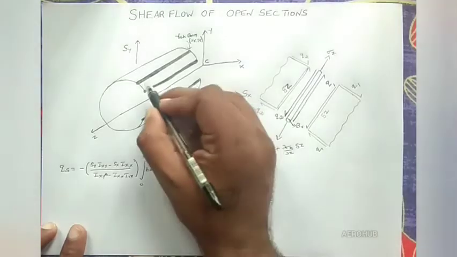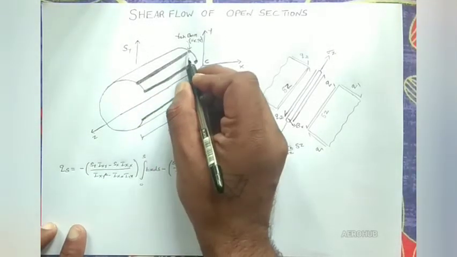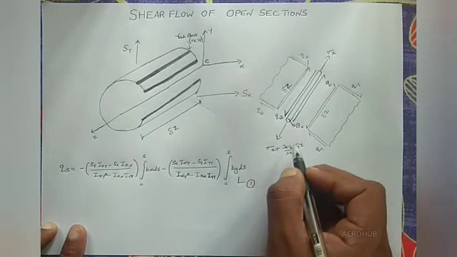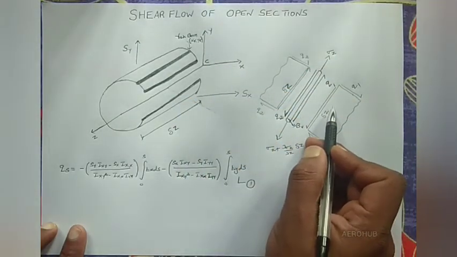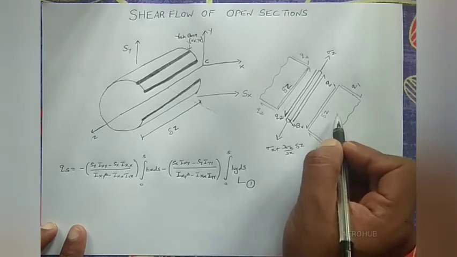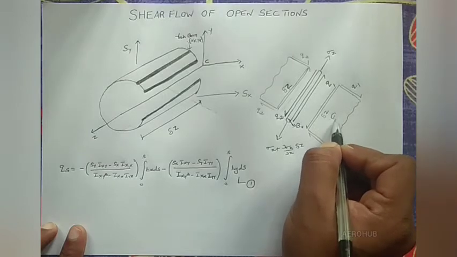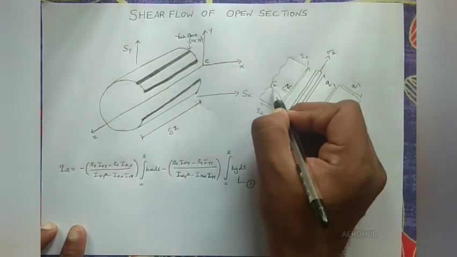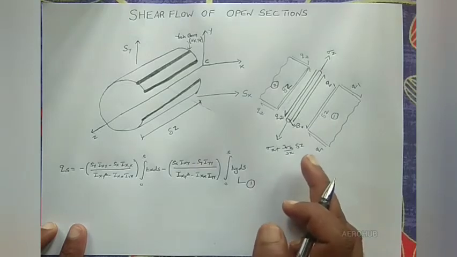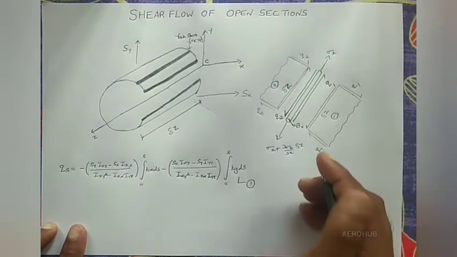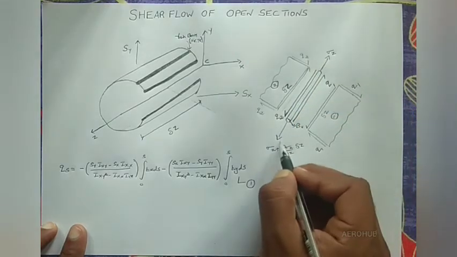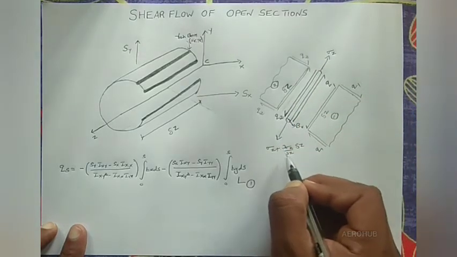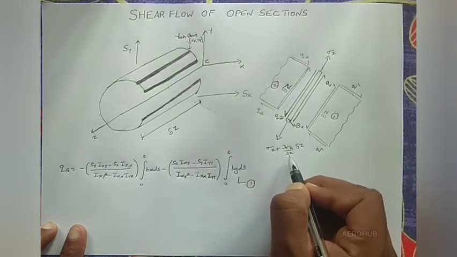Now we consider this rth boom, and you can see the length of this boom will be delta z, and this is the shear flow distribution at the nearest skin of the boom. The 1 and 2 indicate the shear flow of the skin nearby the boom. The boom will be carrying direct stress sigma z, so at this region it will be sigma z plus dou sigma z by dou z into delta z.